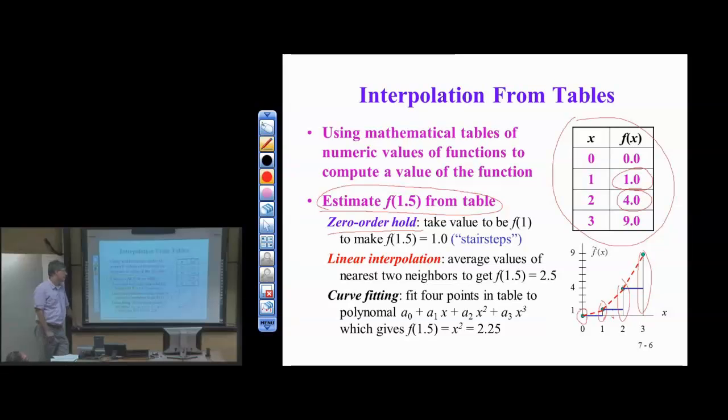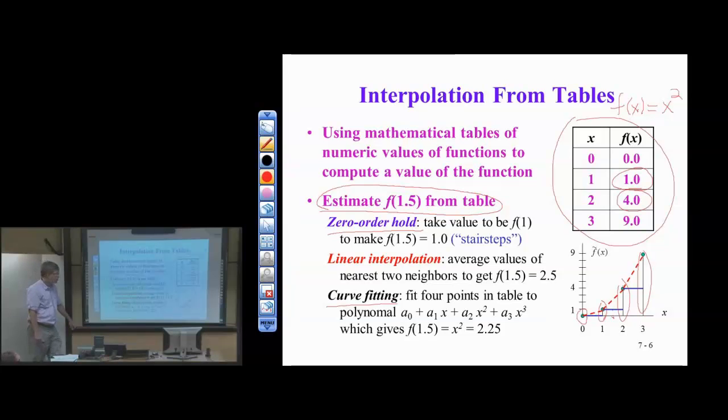Now, you can kind of eyeball the trend here. This is really f of x equals x squared. So another way to go about the interpolation is to find the formula that connects x and f of x. Not always easy to do. In this case, I made this data up so it fits nicely. So what we can do is curve fitting, which is to take a polynomial and try to fit the data. I have 4 points here, so I can have 4 unknown coefficients.